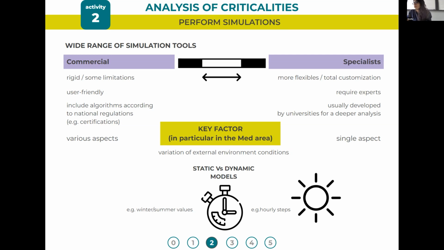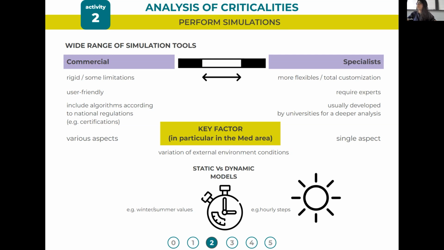But there are a lot of differences in the realm of simulation tools. One of the key factors that can influence our choice of the best simulation tool, and this is particularly true in the Mediterranean area, is the difference between static and dynamic models. Simulation tools using static models, for example, consider only one reference for the winter or summer period.